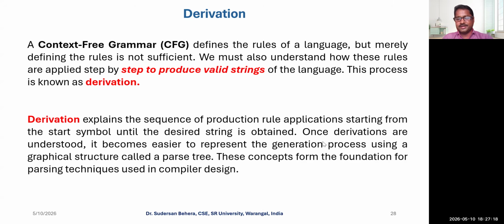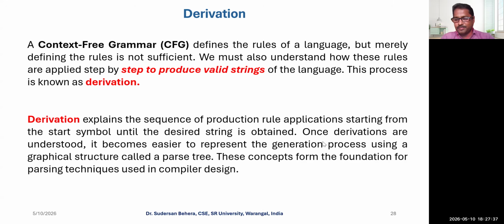Let me modify it: the process of generating a string from a given grammar by applying the procedure of substitution is called a derivation. Now this is the finest statement.